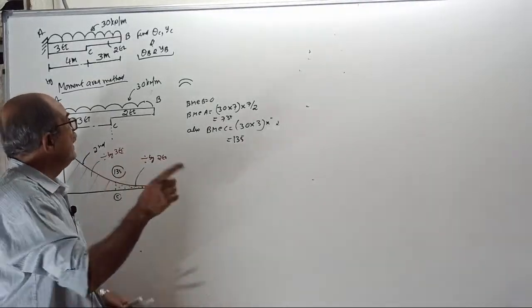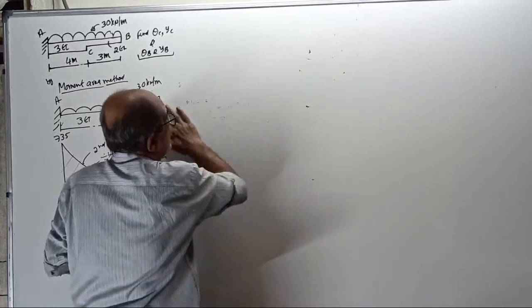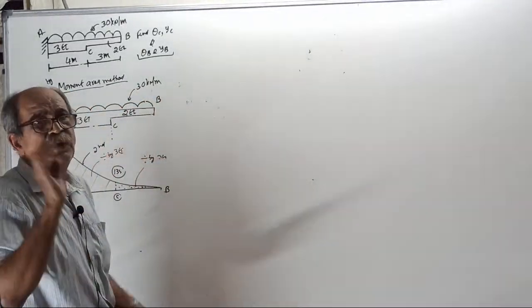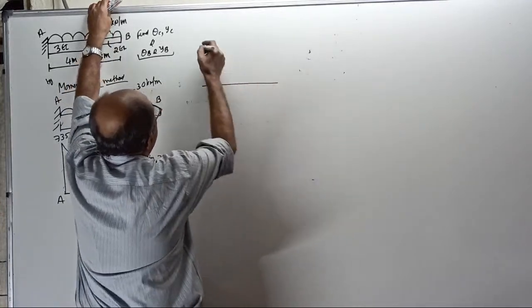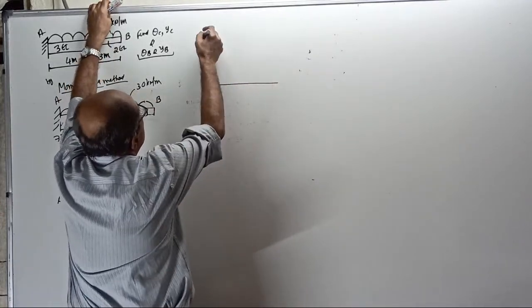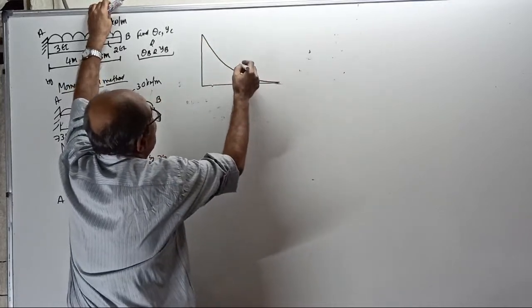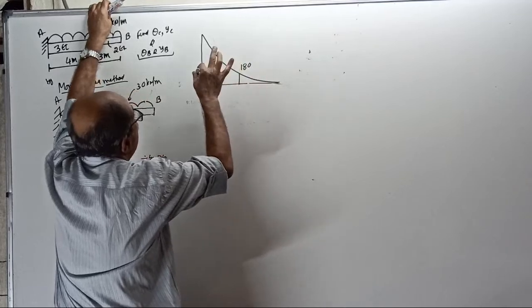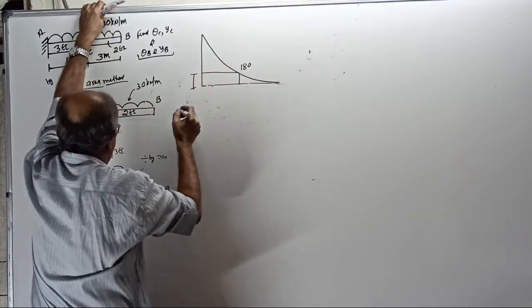Now, very important, make a note. Very important. What some people will do is, they will take the diagram here, see, at least the diagram is drawn correctly. Then they will tell 180 here, they will divide like this here, and they will mark 135.